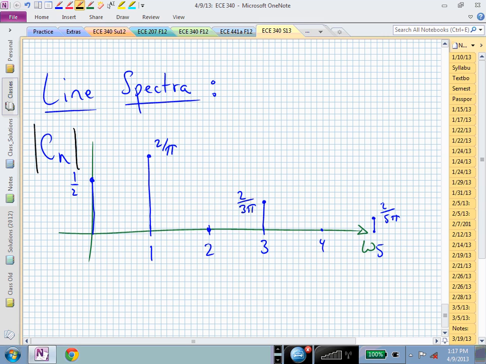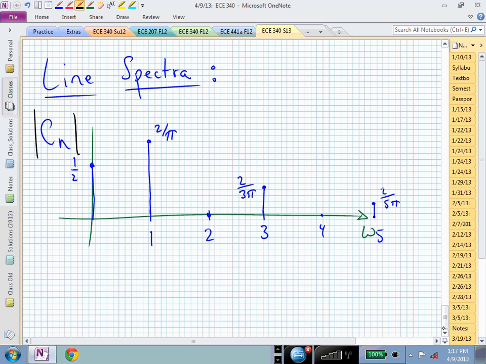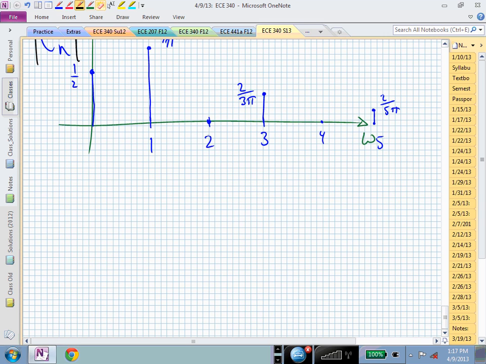And what I'm wanting to do is now say, in addition to the magnitude, we now have another line spectra, which is the phase, theta sub n. And we still have just these angles at the harmonics.